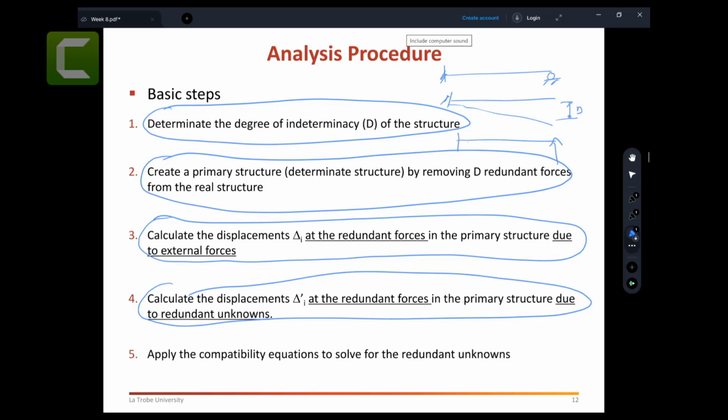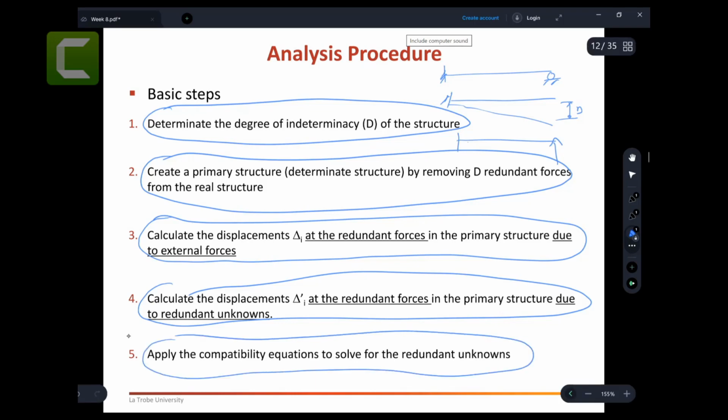If you know how to find the displacements in the beam using the virtual work method, week number 7, this method is easy peasy. There is nothing big. Of course, I introduced a few concepts there, but once I take an example, if you know the displacements, you can do the force method like this and apply the compatibility equations to solve the redundant force, which I'm going to show you in the examples.